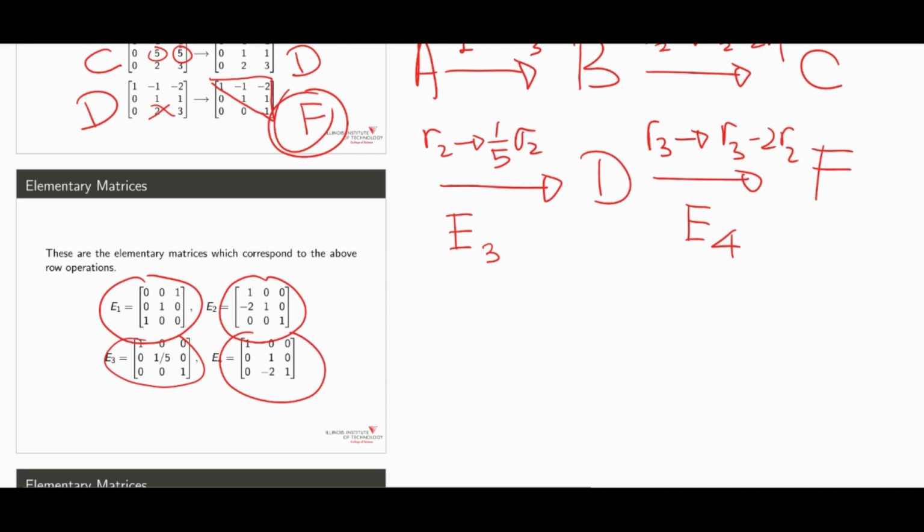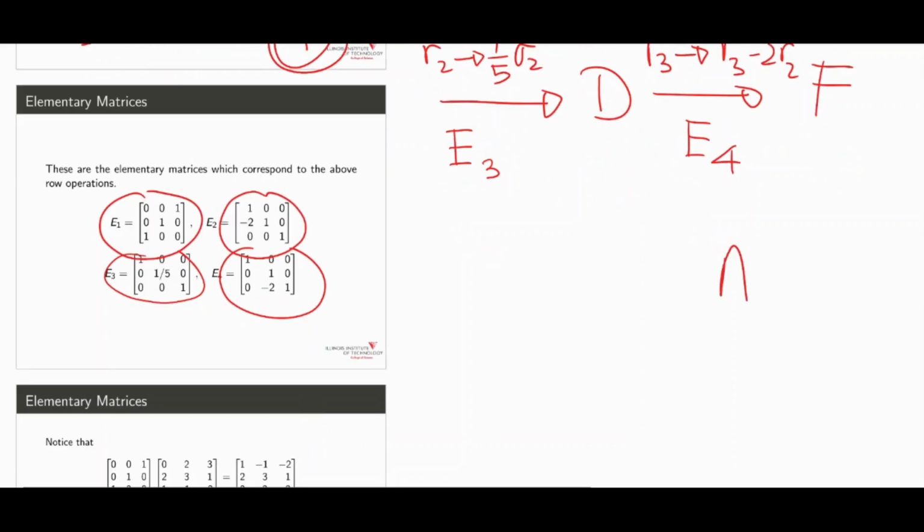So what I'm going to say is that when you do row operations like that, another way to represent them is that you take A and multiply it with E1.